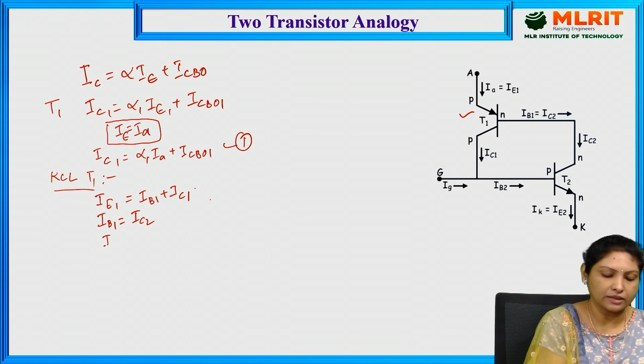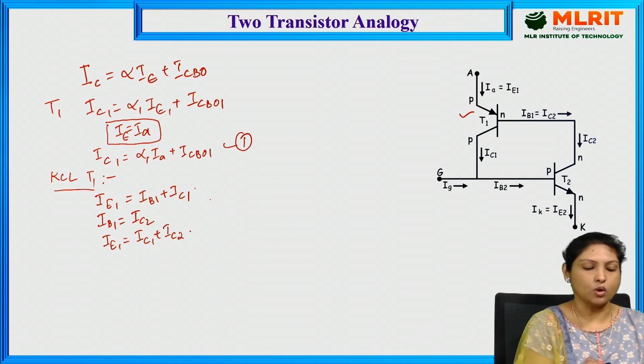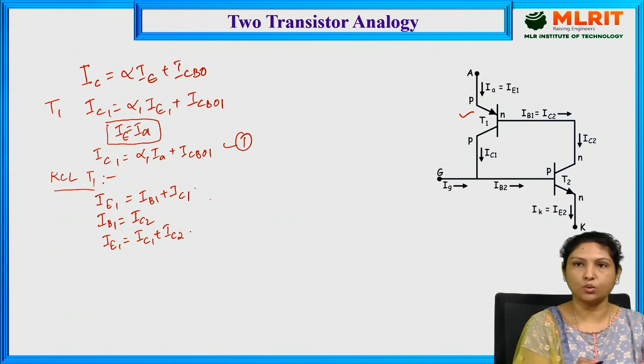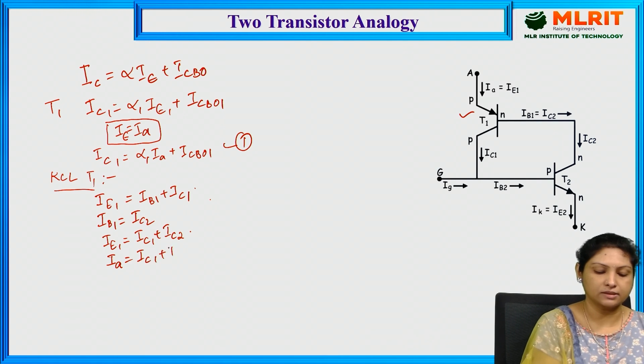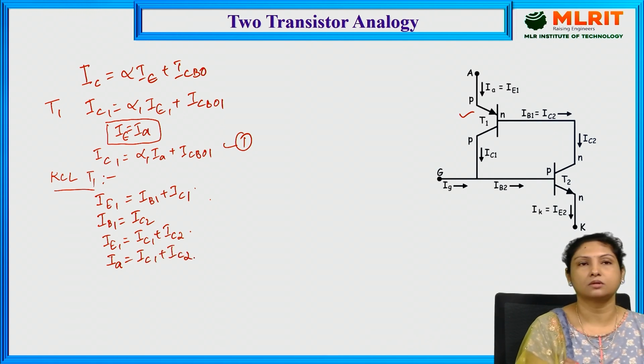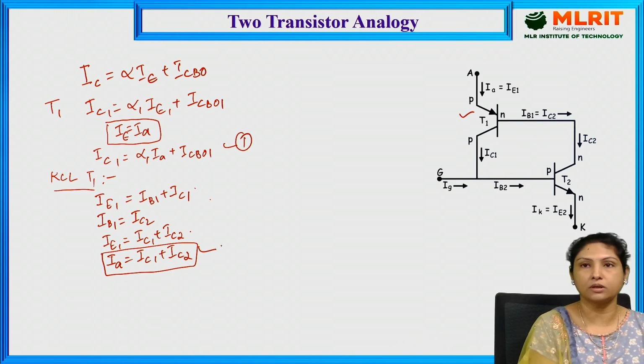We get IE1 is equal to IC1 plus IC2, where we already have IE1 is equal to IA. So IA is equal to IC1 plus IC2. And this is equation 2. This is one of the very important equations.